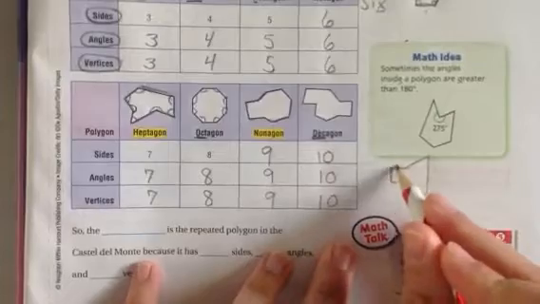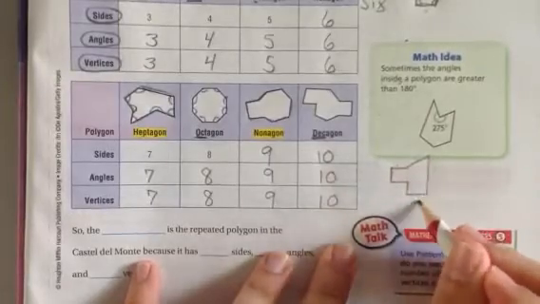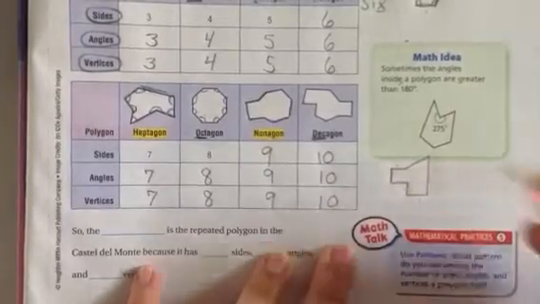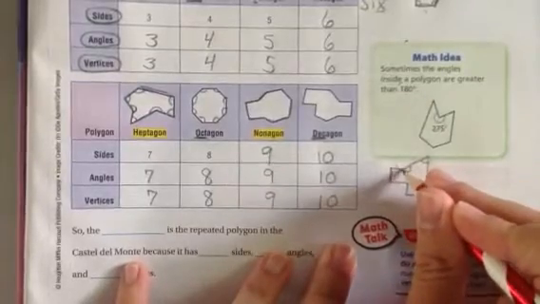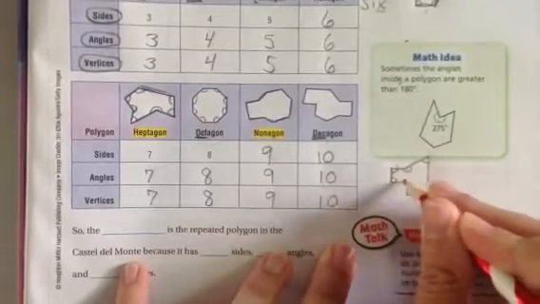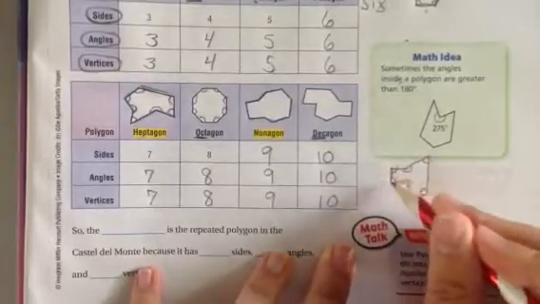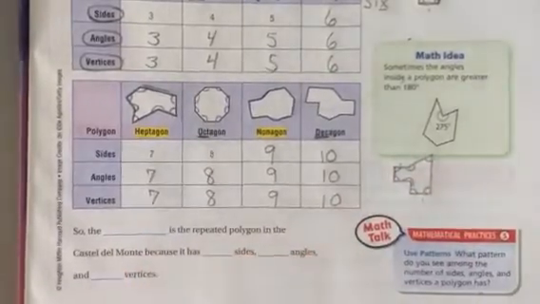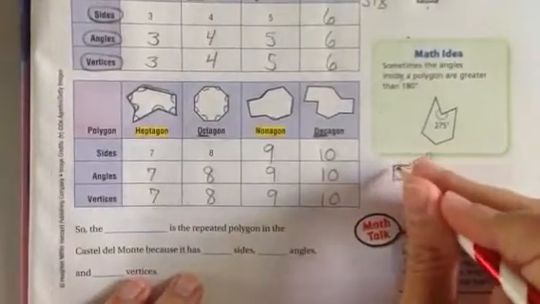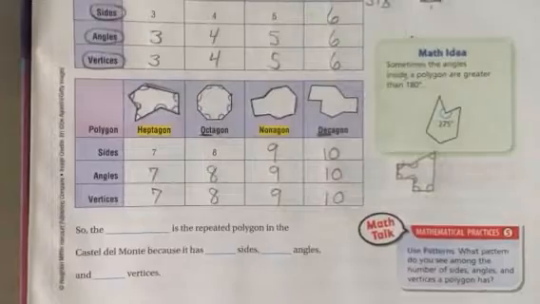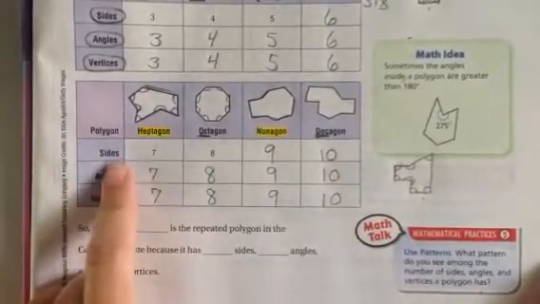I'll start here. 1, 2, 3, 4, 5, 6, 7. Okay, and then it's got 7 angles, 4, 5, 6, 7, and 7 points. Okay, so again, you can draw these figures to make any shape as long as you have the correct amount of sides, angles, and vertices.